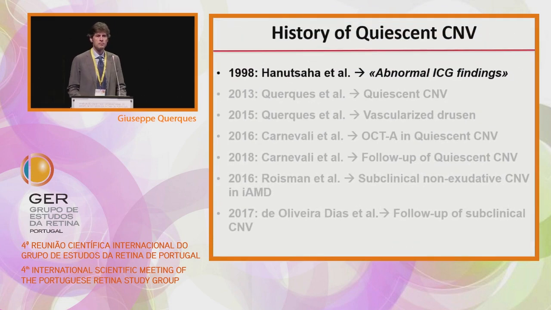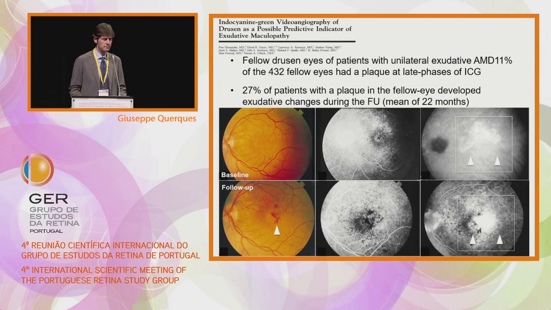But actually, more than 20 years ago, the group of Larry Iannuzzi realized that in the fellow eye, as you can see from this slide, of patients with typical active exudative type 1 neovascularization, it was already possible to detect a large plaque on ICG. So the presence of what could be considered inactive subclinical type 1 neovascularization. I must admit that at that time there was no OCT, so there was no structural OCT demonstrating the complete absence of exudation.